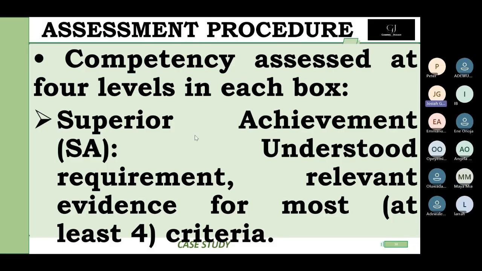Very important. So whatever argument you're providing on each box, let it be minimum 4. And that's how you achieve superior achievement. So 4 good points. So for example, data and information, you are talking about general overview of the case study paper or requirement 1. Let there be 4 different points under data and information, general overview, for example.